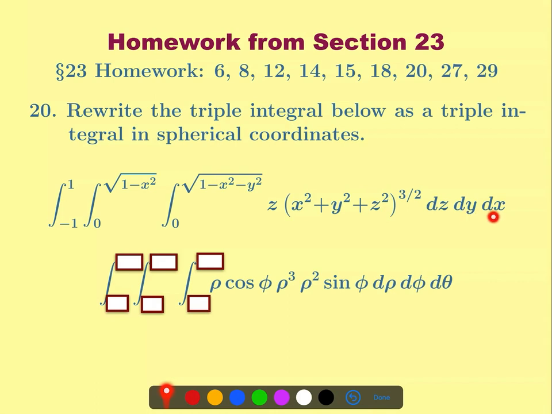Well, if we look in the xy plane, this half circle, we can see that theta is going from 0 to pi. Again, it was just this half circle that's above the x-axis. So theta is going to go from 0 to pi. So what about phi here?